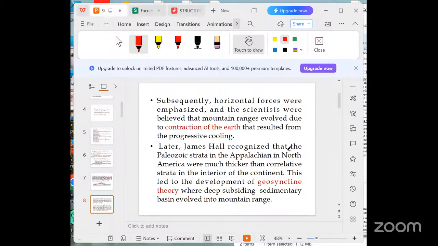Later, James Hall recognized that the Paleozoic strata in the Appalachians in North America were much thicker than correlative strata in the interior of the continent. This led to the development of geosyncline theory, where a deep subsiding sedimentary basin evolved into a mountain range.